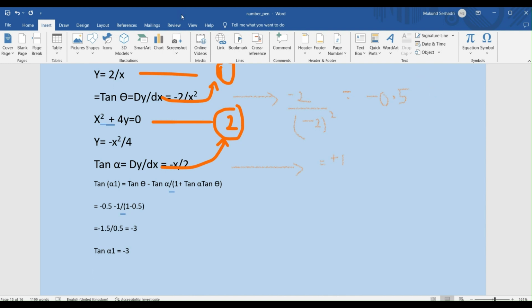And let me use a calculator to write. 71.62 is your alpha, approximately 72 degrees, right? 71.61.